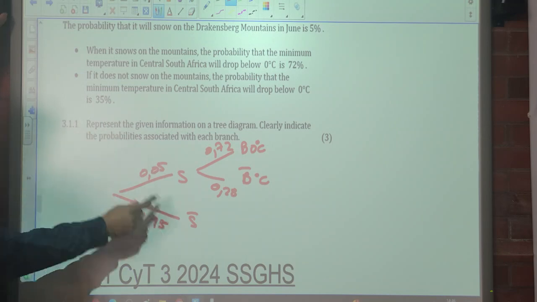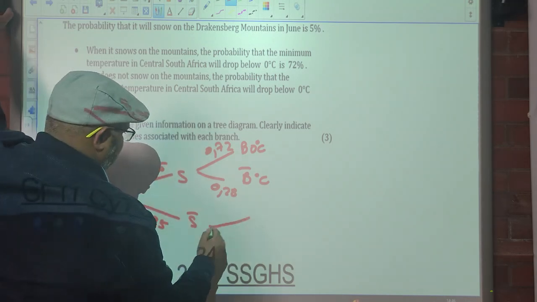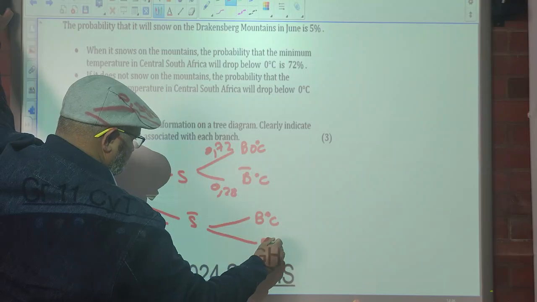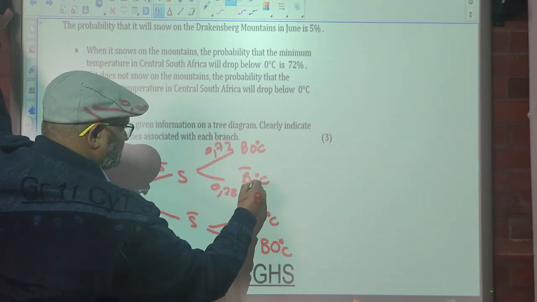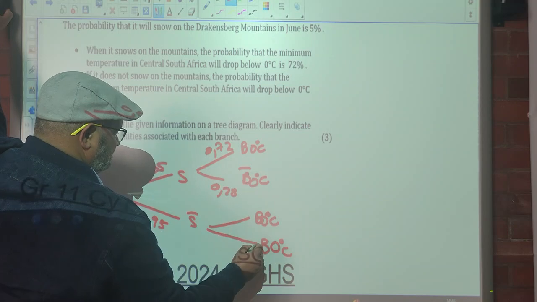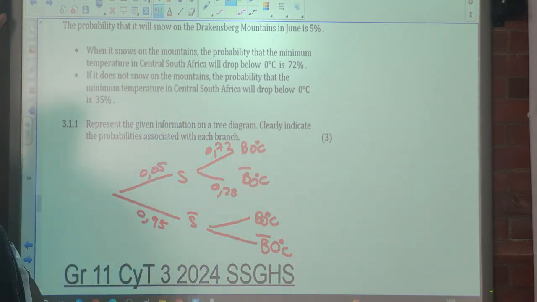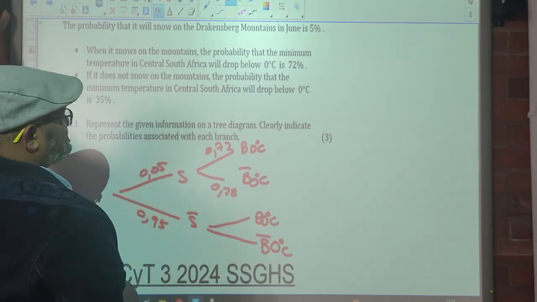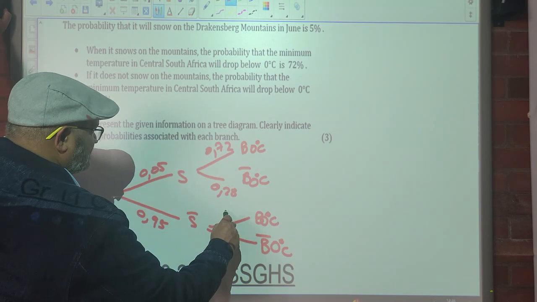If it does not snow on the mountains, the probability that the minimum temperature in Central Africa will drop below 0 degrees is 35%.